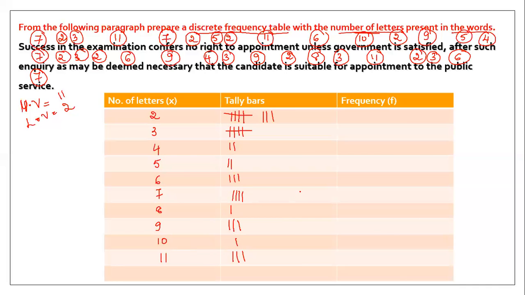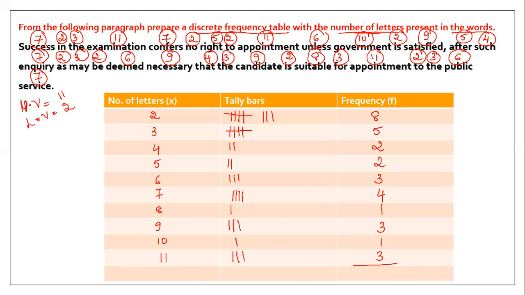Okay. Once you finish putting the tally marks, we have to count the tally bars. Okay. So it is 5 plus 3, 8. We have 5 here. 2, 2, 3, 4, 1, 3, 1, and 3. Okay. When you add this, it should give you the total of the words that you have.